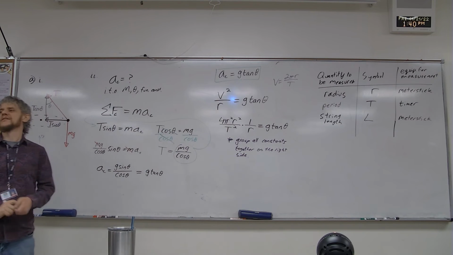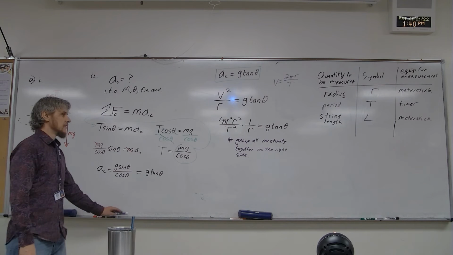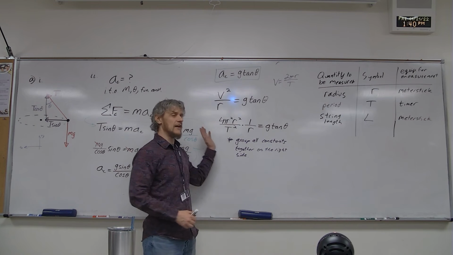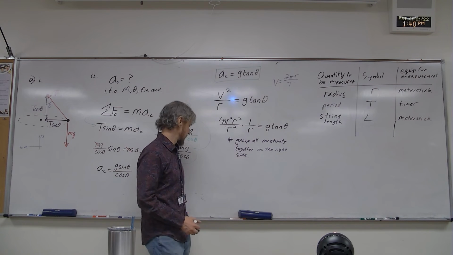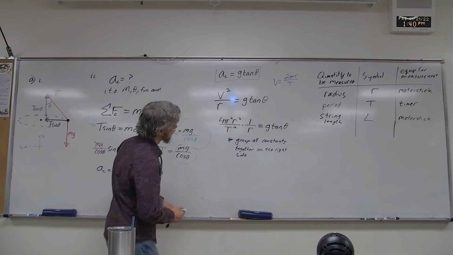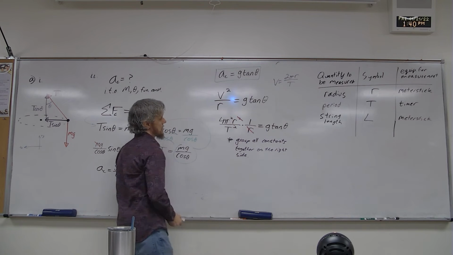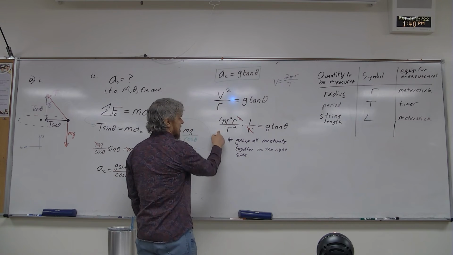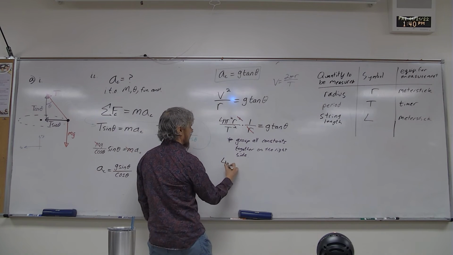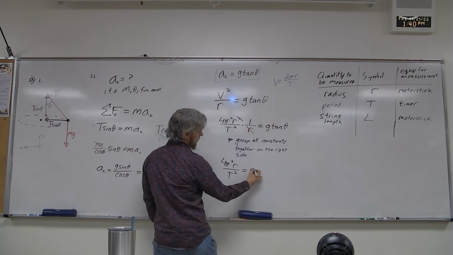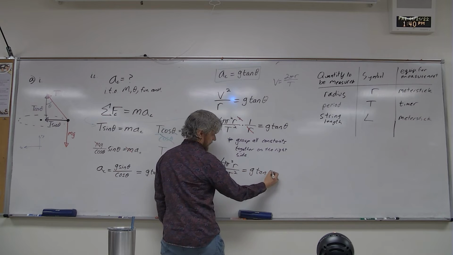You can move them around to your heart's content. It doesn't matter. But the thing that is important, I feel like it makes this easier to understand, is just get all the constants on one side. Oh, I have a simplification. So with that simplification, I have 4 pi squared r over t squared equals g tangent theta.